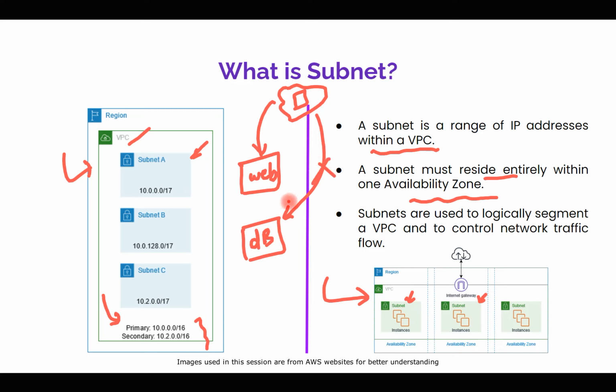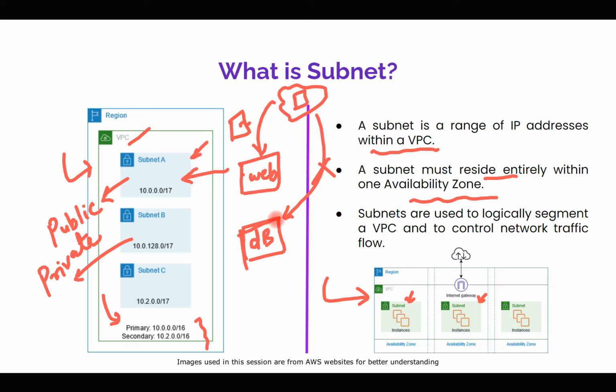So in this case, what we will do, we will take one subnet as public and we will take another subnet as private. So this web server, we will keep it here, or we can use one load balancer here and we can keep that one in our public subnet.